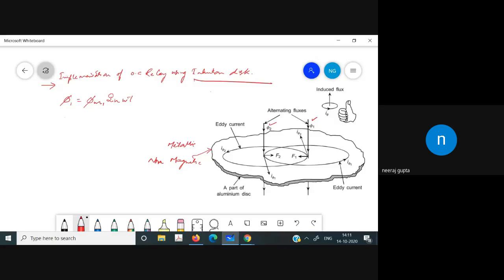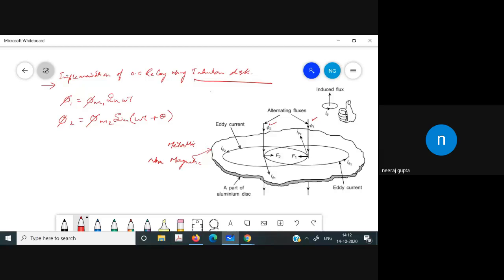Then we have the flux phi2, which is given by phi m2 sine of omega t plus theta. Now let us suppose these two fluxes act on this metallic non-magnetic disk.